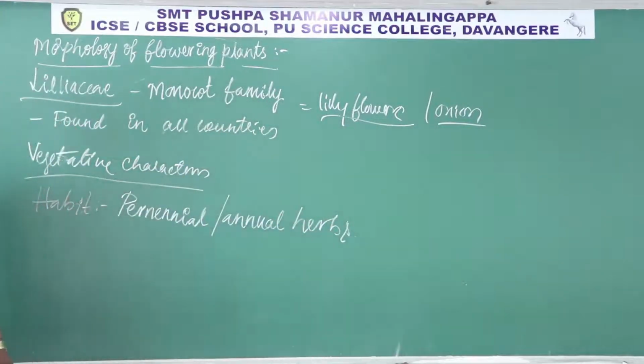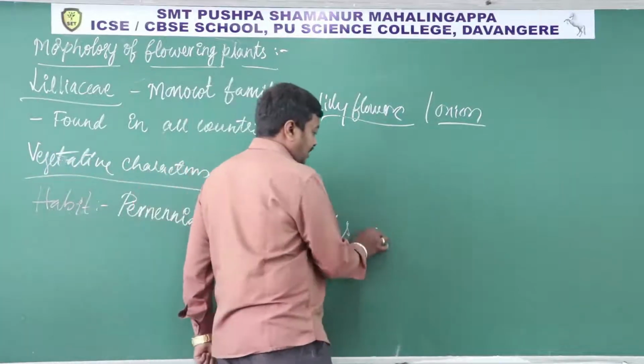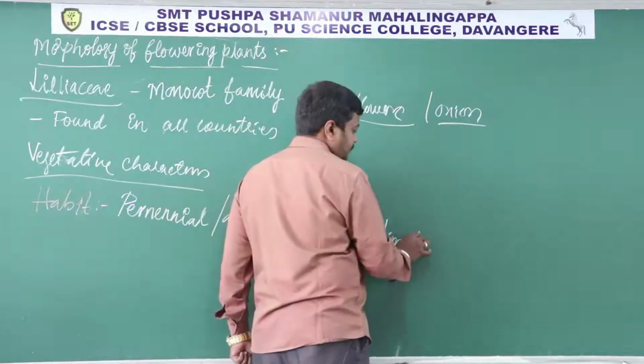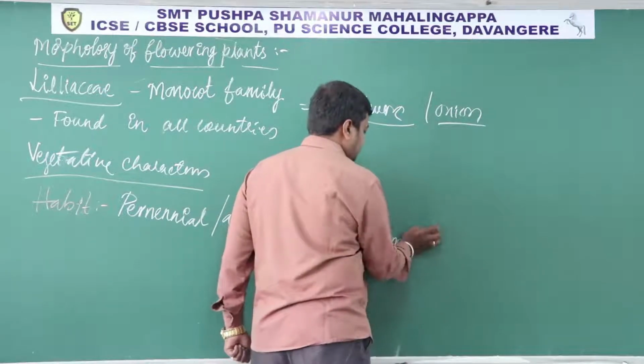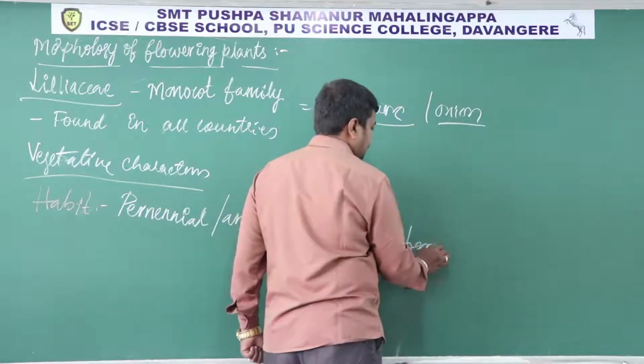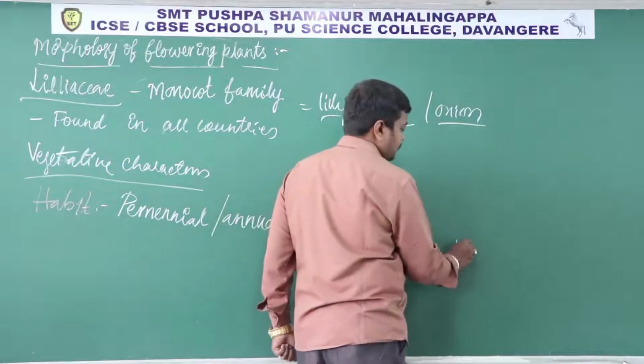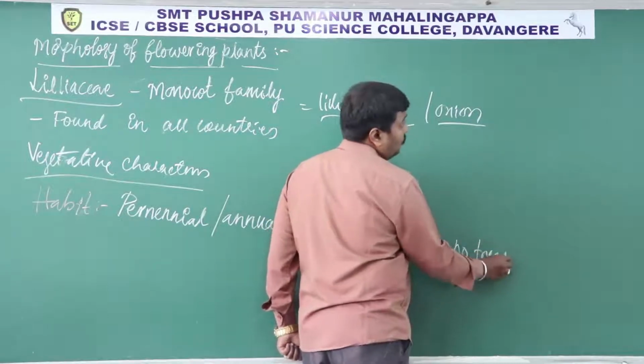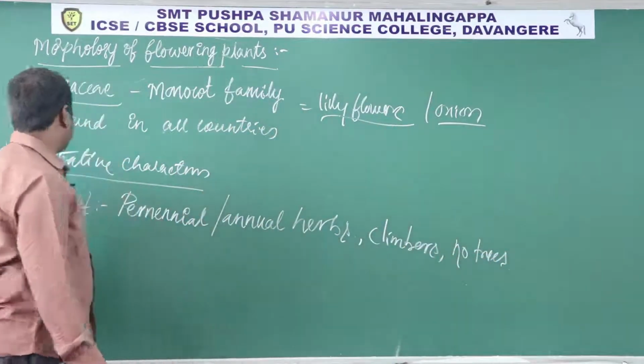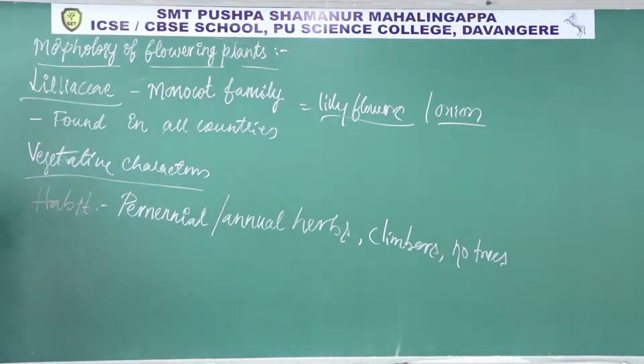There are perennial herbs and annual herbs, and there are no trees. A few climbers are there. There are no trees in this family. No tree comes under Liliaceae.